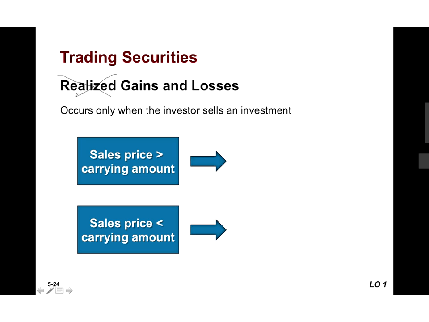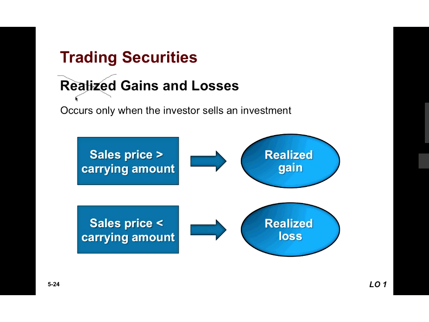So if you see the word unrealized, it means we still are holding it. If you don't see the word realized, if it's just gain or loss, it's implied that it's realized. And when we sell the investment, if the sales price is greater than the carrying amount, we have a realized gain. If the sales price is less than the carrying amount, we have a realized loss.